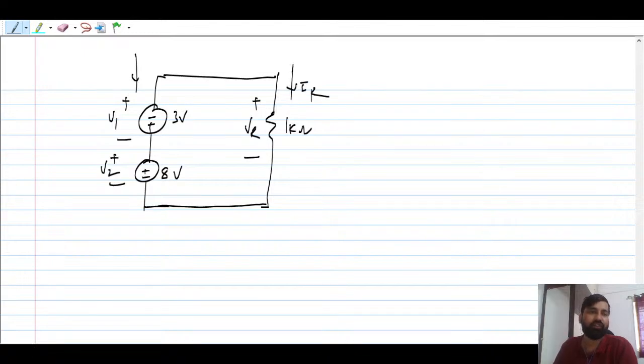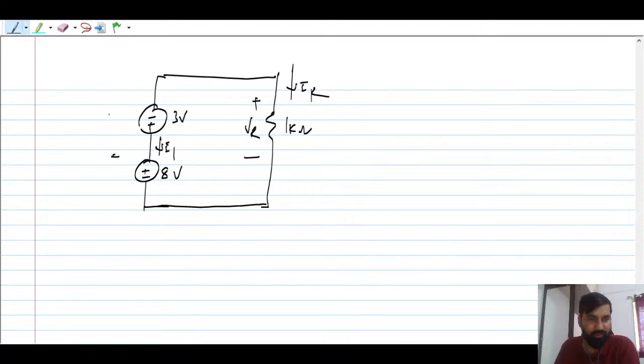The current flowing through the sources is I1 and I2, and since they are connected in series, the current is the same.